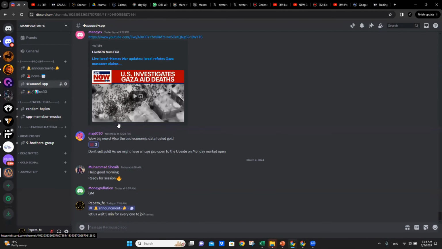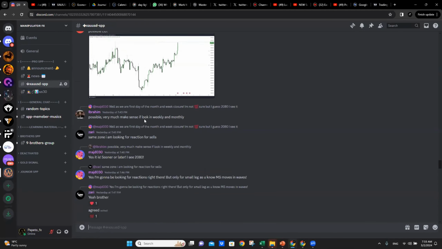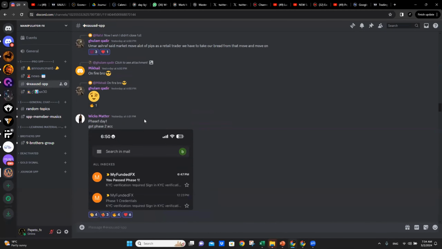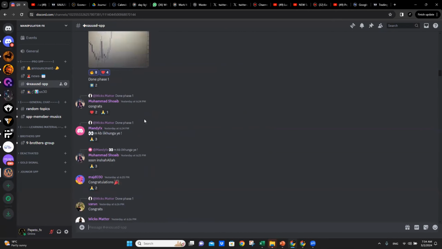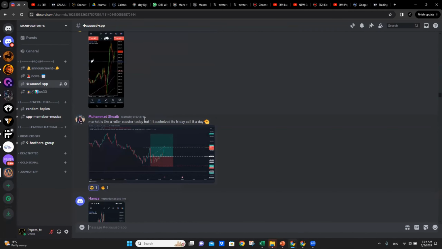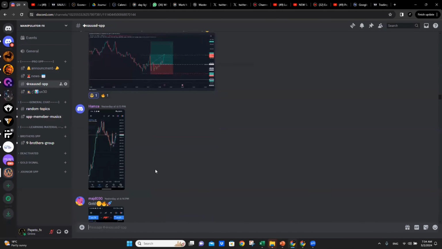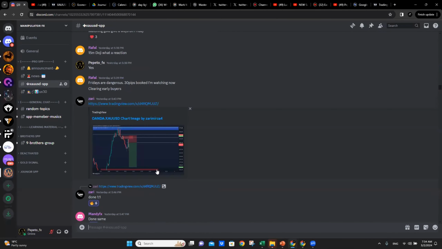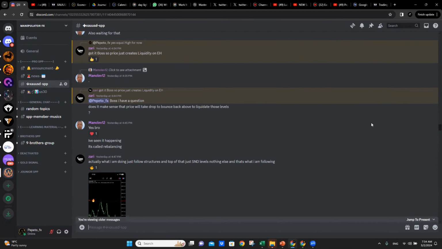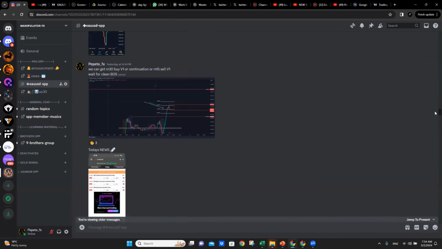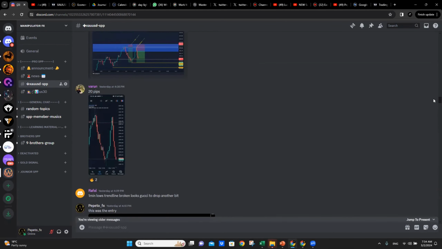gold, so now we know the point of interest. You can match that one with your breaker block, with your BOS on the left. Okay, let me show you something which I did earlier, even before the session started.